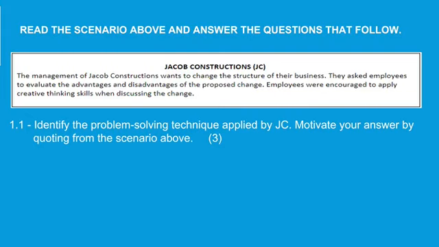They asked employees to evaluate the advantages and disadvantages of the proposed change. Also, a couple of clues there. Employees were encouraged to apply creative thinking skills when discussing the change. So the question is, identify the problem-solving technique applied by JC. Motivate your answer by quoting from the scenario above. Very popular question with this section of work.